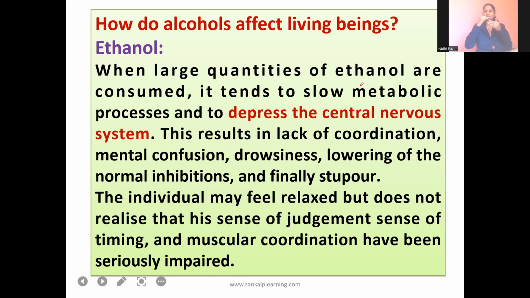It makes the central nervous system go into a very lazy mode. This results in lack of coordination. When the central nervous system is affected, the coordination between the organs, and between the person and the environment, is reduced. Mental confusion occurs, drowsiness, always sleepy, lowering of normal inhibitions, and finally stupor.